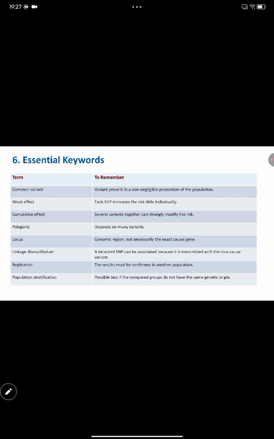We must do another study to confirm our results. We would not be satisfied by only one result. And then population stratification refers to a possible bias if the compared groups do not share the same genetic ancestry. I think this is quite fair.